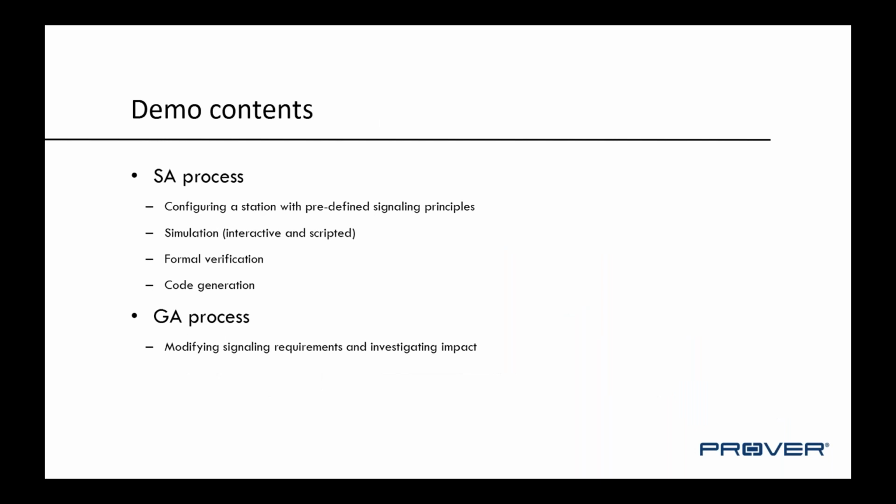So what we will do in this demonstration, we will focus on what we call the specific application process, or SA process here. And we will do it for an interlocking, a fairly simple interlocking. Interlocking is also a good example because it's a relatively isolated part of the signaling system, but still capable of demonstrating many of the benefits.